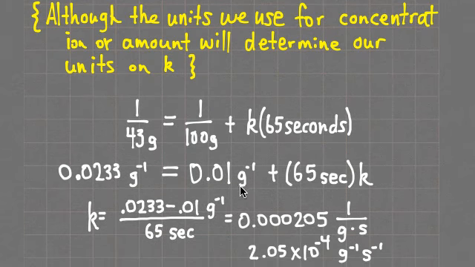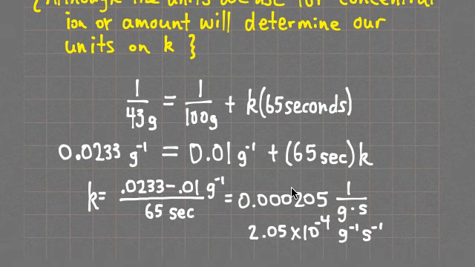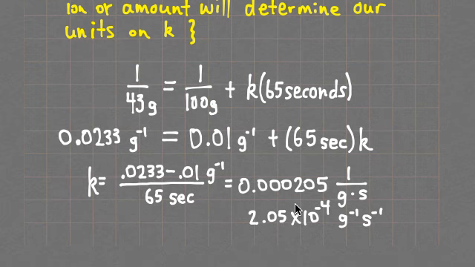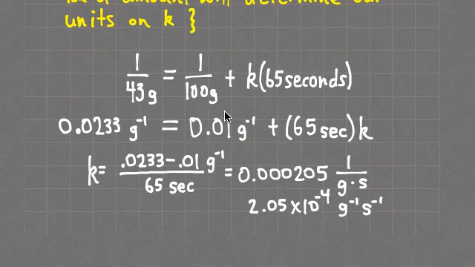Subtract this term over to the other side and then divide by 65, and you find a small number, 0.000205, 1 over gram seconds, which is sort of an odd unit for a constant, but it's because I chose this to be in grams.